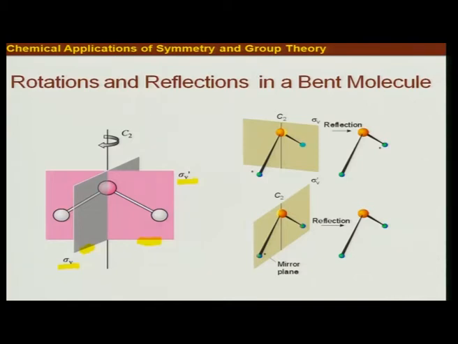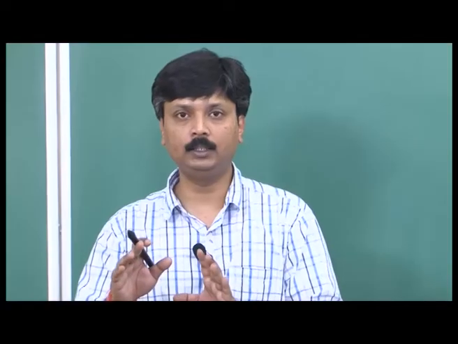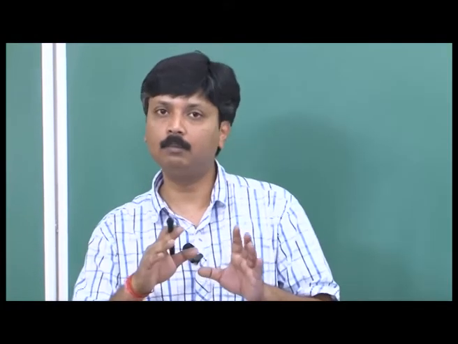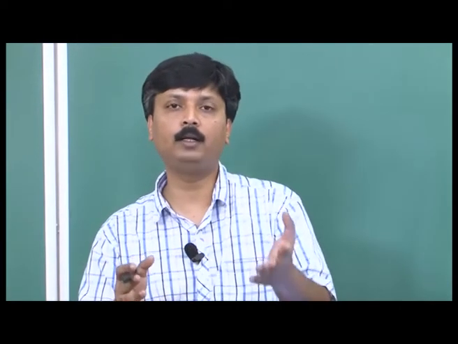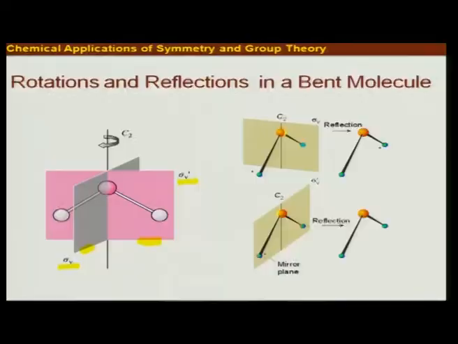mathematically or rather quantitatively, you will end up in trouble, because if you are not distinguishing two different sigma v's, they will have different functions. Like here, you look at this structure again: the sigma v will cut this molecule into two halves, where each half will have some portion of the oxygen, half of the oxygen, and one H. Similarly, the other half will have the same thing, but the sigma v prime plane cuts the molecule in such a way that each half gets half of each atom.